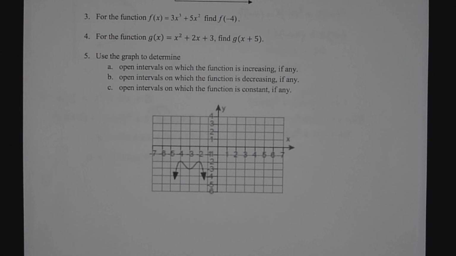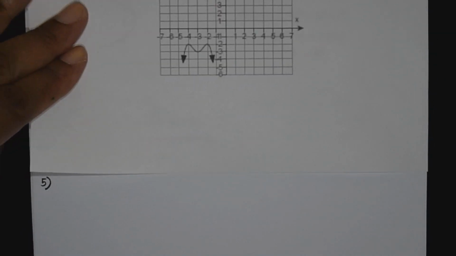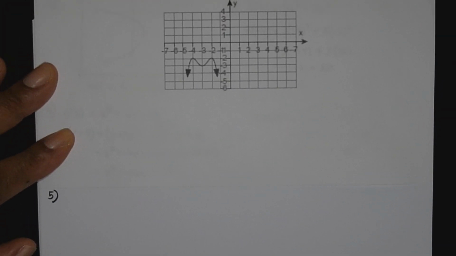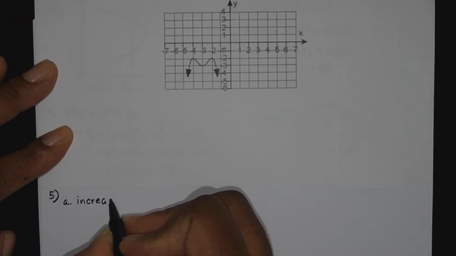So here we have this graph right here. In part A, we want to find out where it is increasing. And your answers will be in interval notation, by the way.